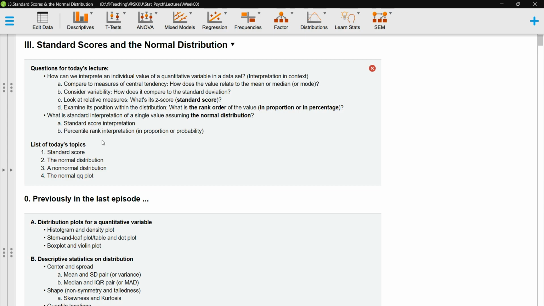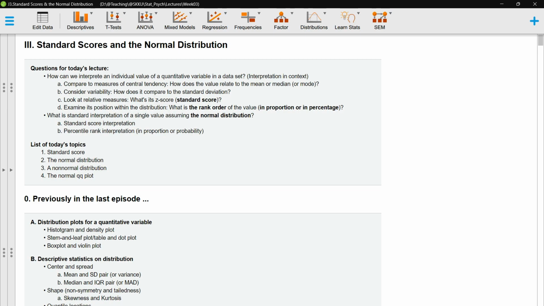The percentile rank interpretation is a proportion or probability interpretation of a specific location. And the standard score interpretation is of the relative location in terms of the mean and the standard deviation. But again, in the normal distribution, these two interpretations are strongly related to each other, like functional relations.